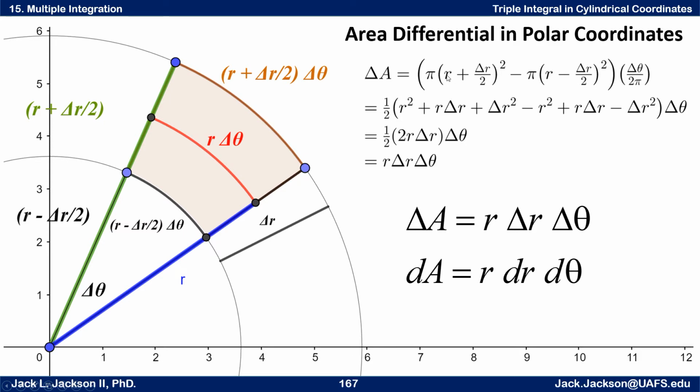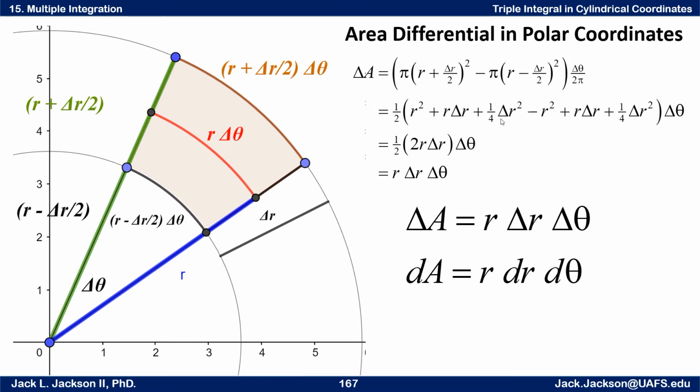Okay, well, you square this out, you get r squared. You multiply and double it for the middle, you get r times delta r, and you square the last term, you get delta r squared over 4, so that was 1/4 delta r squared.